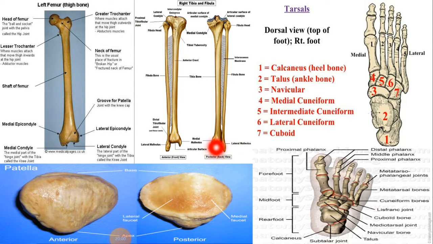The medial malleolus is a part of the tibia, and the lateral malleolus is a part of the fibula. And the head of fibula is forming the proximal tibiofibular joint with the lateral condyle of the tibia.